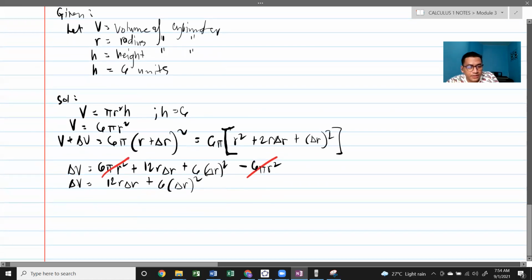Next, we divide both expressions by delta r.